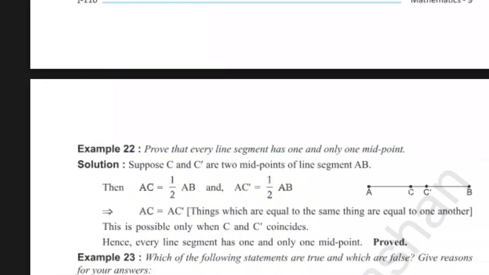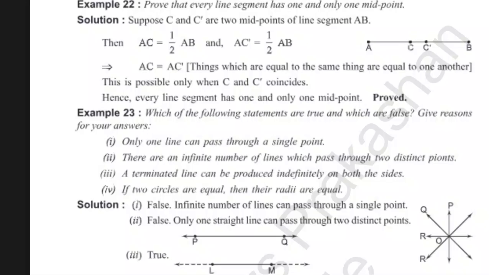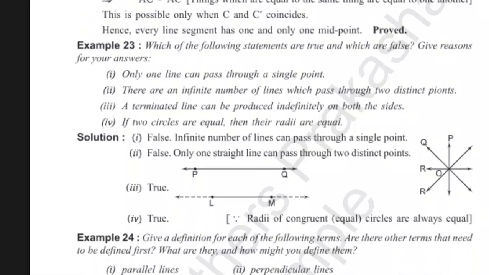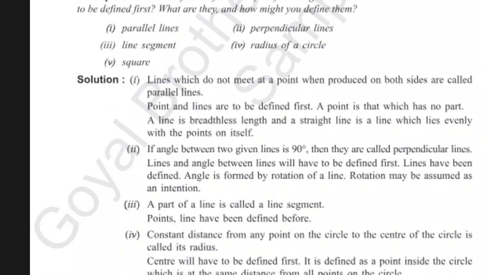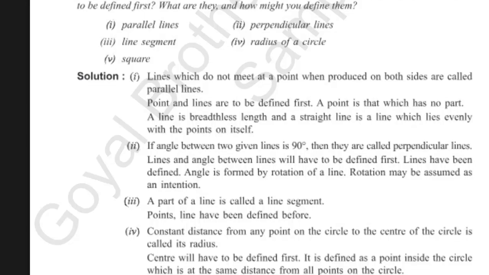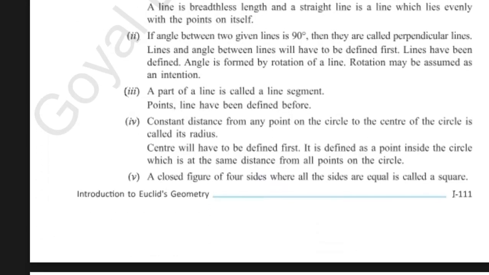So that every line segment has one and only one midpoint. Then what do you mean by parallel lines? Perpendicular line, line segment, radius of a circle, square.